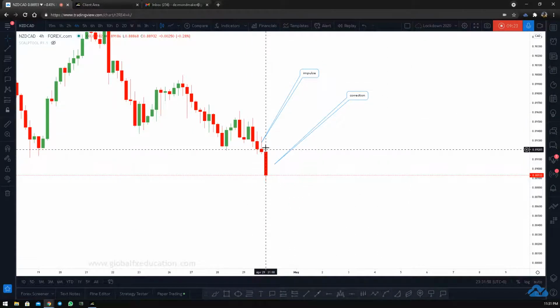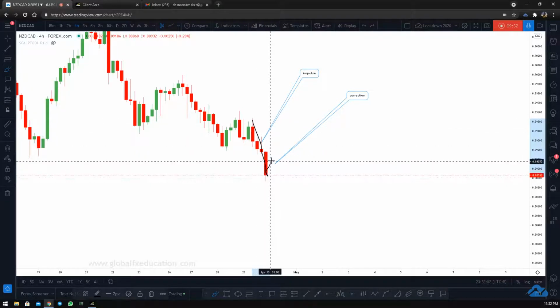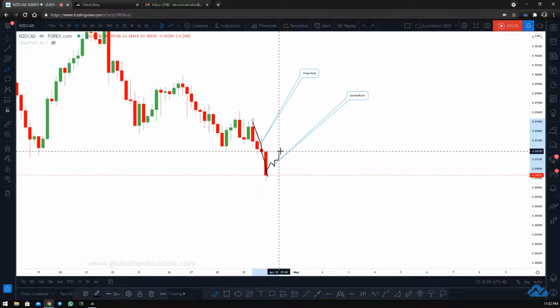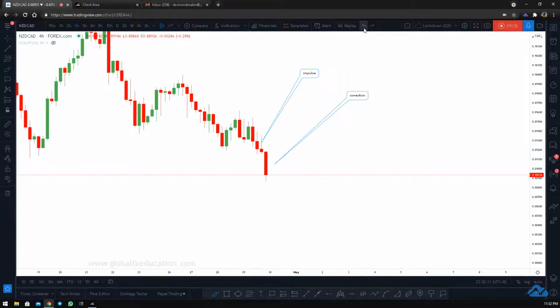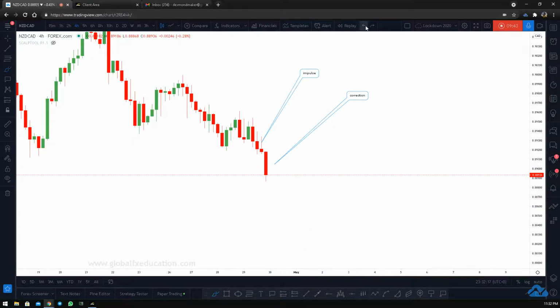So right now, as we speak, the market made this beautiful impulse to the downside. And what we can expect after a big impulse like this is, of course, that the market makes a correction. So we need to see the market moving to the upside in order for the market to actually make a bigger move to the downside.